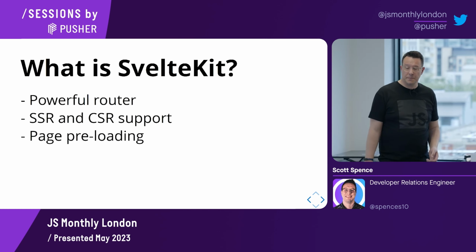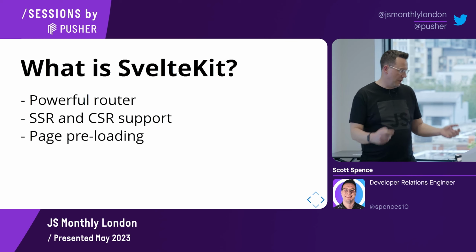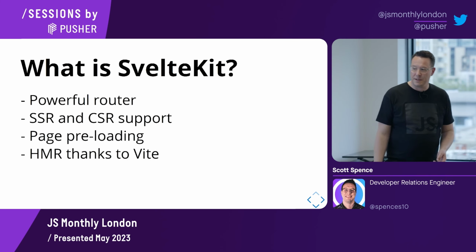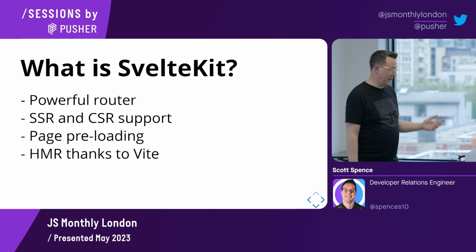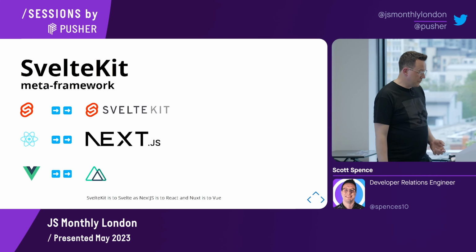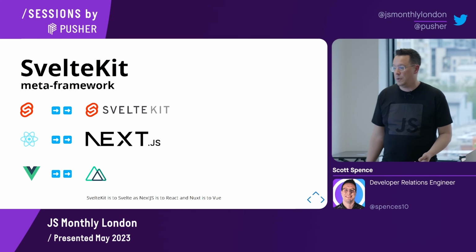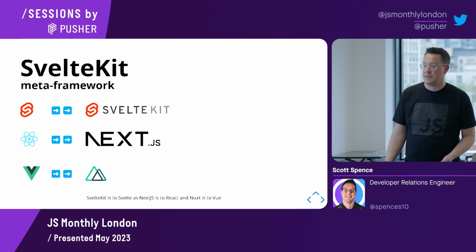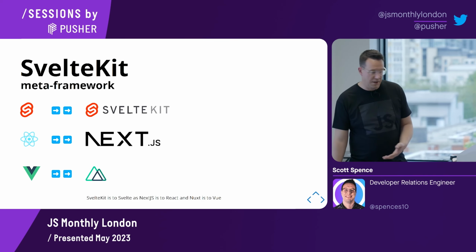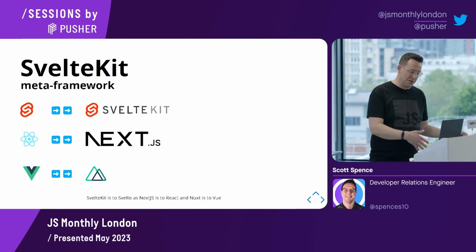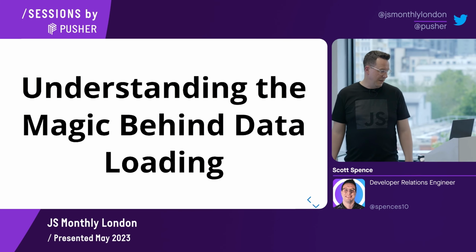You get page preloading, which is pretty much what the whole talk is based around. And we get hot module reloading thanks to Vite. And yes, I pronounce it Vite. So SvelteKit is to Svelte as what Next.js is to React and Nuxt is to Vue. It's a framework built on top of a framework, a meta framework.